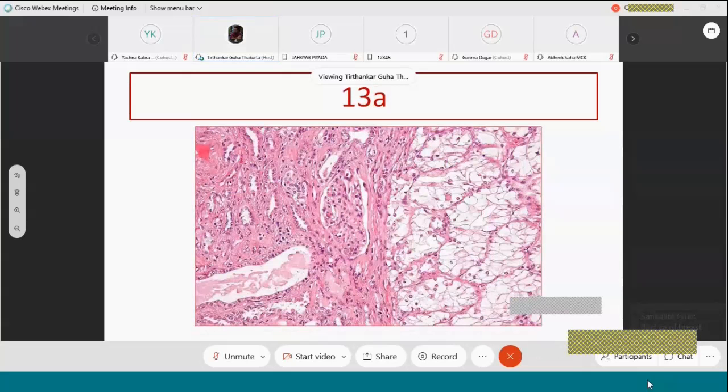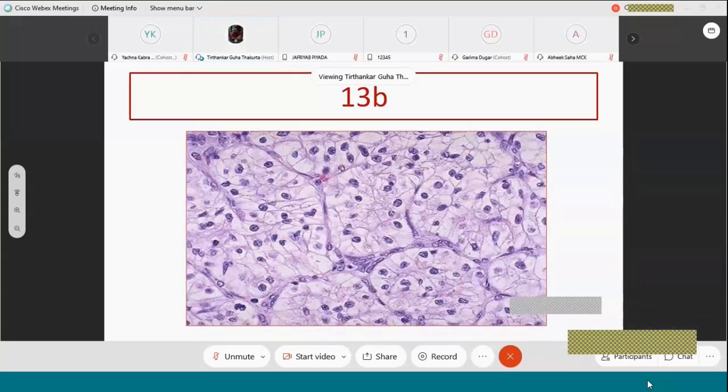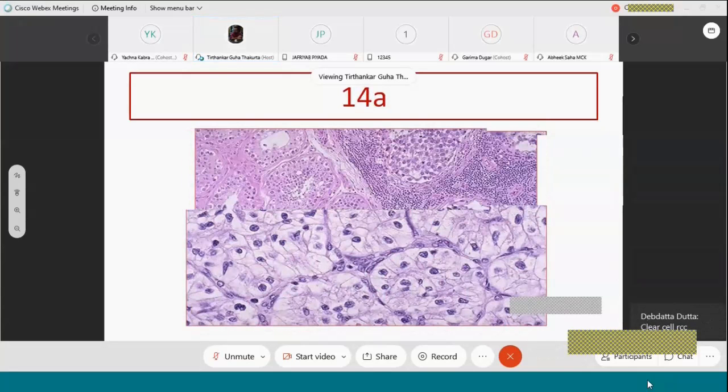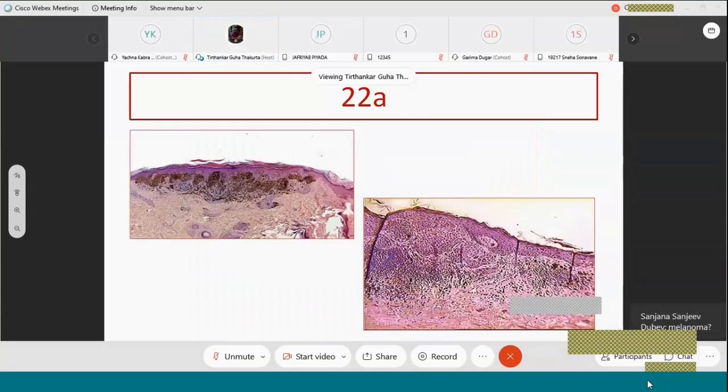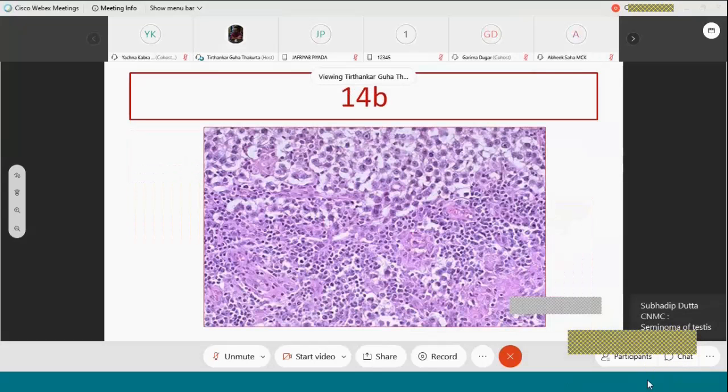What is this tumor? Very good. This is clear cell carcinoma or renal cell carcinoma. Name this tumor. Very good.